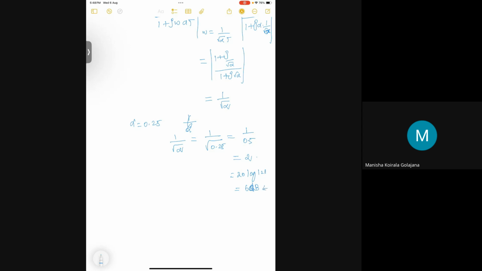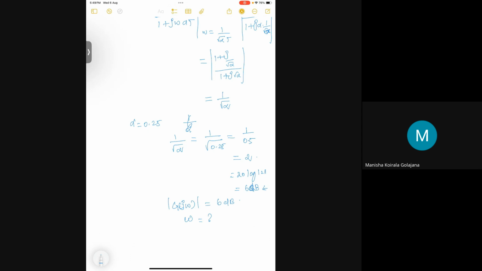That's why I'm changing it to decibels. So you have to see where the magnitude of G of j omega is around 6 decibels, and note the frequency. What is the frequency around it?